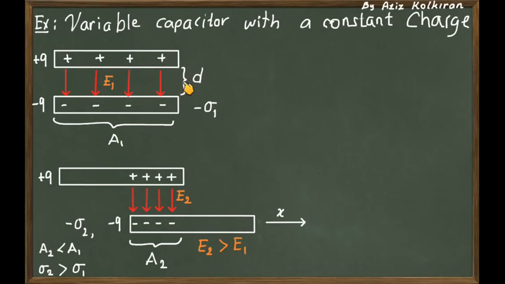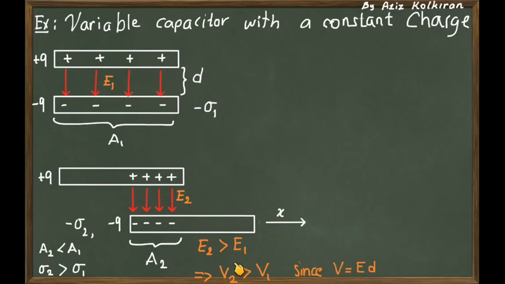Now, what about the potential difference between the plates in the second case? Well, since we keep the distance between the plates the same in the second case too, and we know that E2 is larger than E1, and since the potential difference between the plates is proportional to the electric field and D, to be more explicit, V is equal to the electric field strength times D. That means V2, the potential difference between the plates in the second case, will be larger than V1.